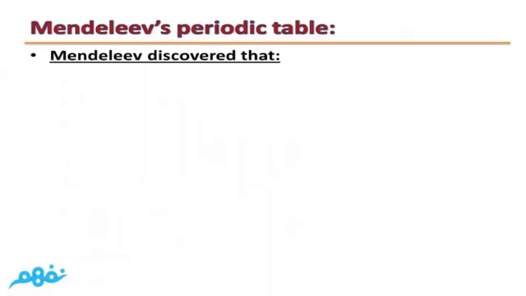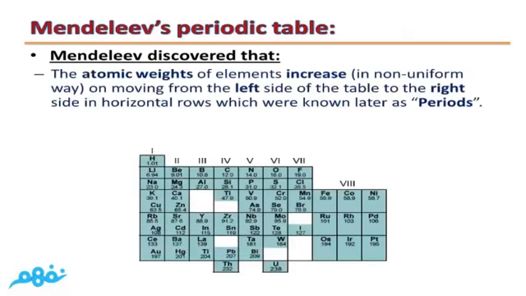After this arrangement, Mendeleev discovered the following. As you can see, Mendeleev discovered that the atomic weights of elements increase, but in a non-uniform way, on moving from the left side of the table to the right side in the horizontal rows, which were known later as periods.